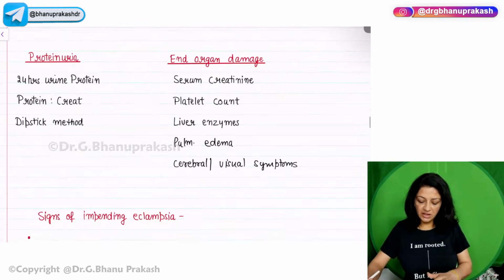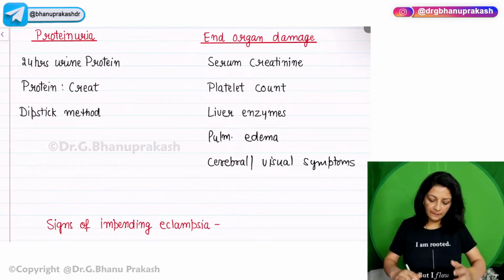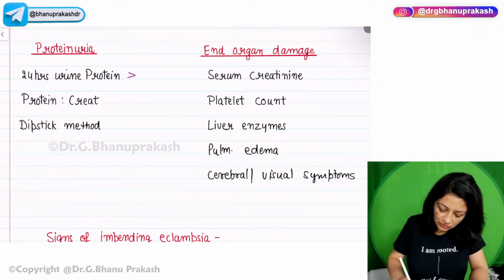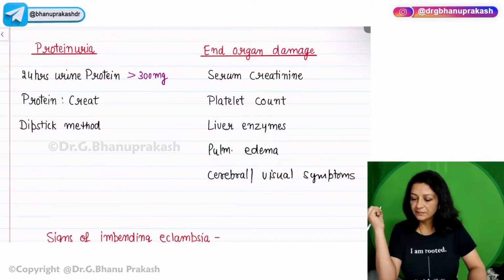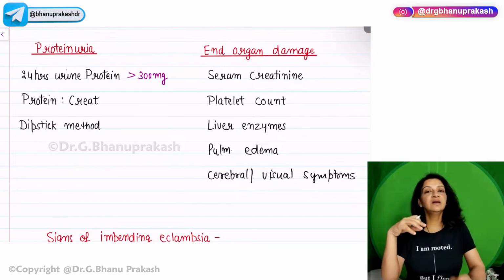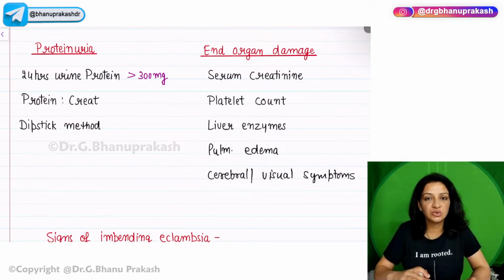So what is the meaning of proteinuria? Proteinuria means 24 hours urinary protein more than 300 milligrams. In case of preeclampsia, अगर patient को convulsions आने start हो जाए, that is called as eclampsia.